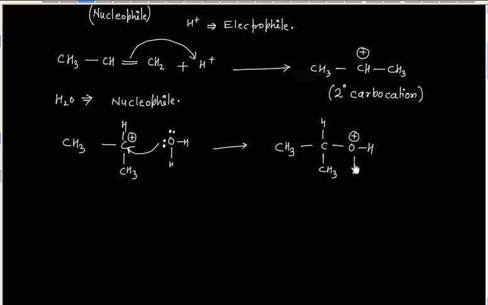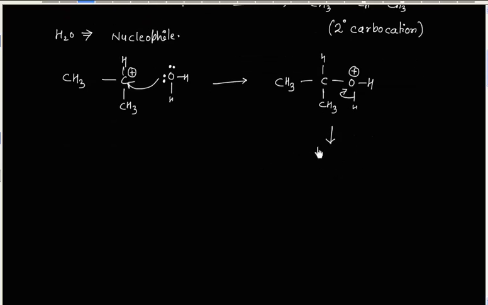Now this can be stabilized by losing H plus. So final product is alcohol. So this is simply hydration of alkene. So we have added H and OH across the double bond.